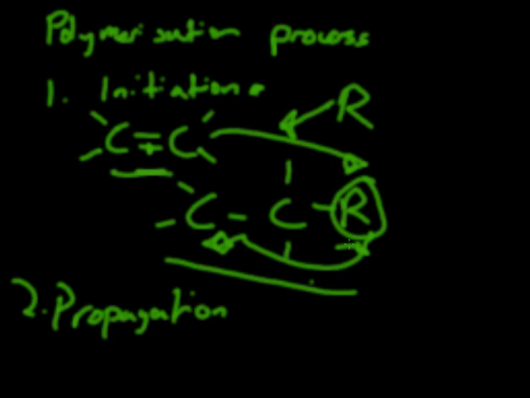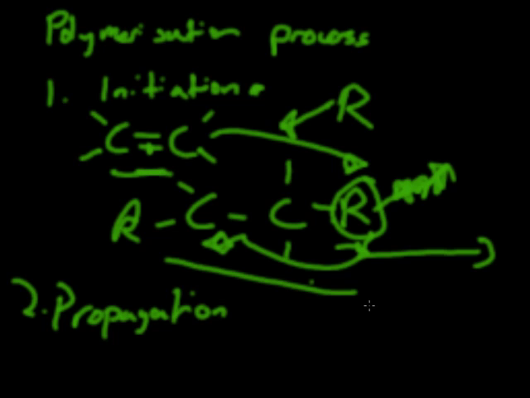So the free radical doesn't just get out at this stage like it would with a very simple kind of catalyzation. It would bring in a molecule and then eliminate itself. Instead, what it does is it brings in a molecule, but then it jumps onto the other end and it keeps going. So it helps to create a chain, and propagation is that process many, many times, and the chain grows and gets longer and longer, and you get more and more of these units.